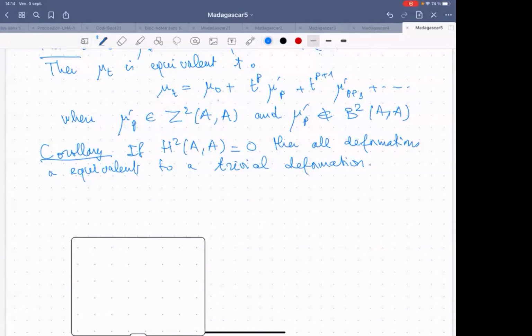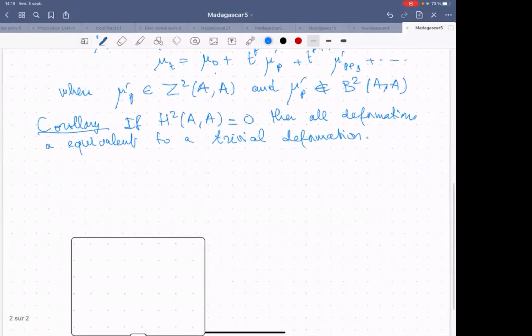Okay, this means that your mu t is equivalent to mu 0 viewed as a KT algebra. Then here you can see that we have a criterion telling us that if we have this H2 equal to 0, then we cannot have any deformation. All the deformations are equivalent to trivial deformations, which means that we cannot deform this algebra. And this type of algebra are called algebraically rigid. We cannot deform them.